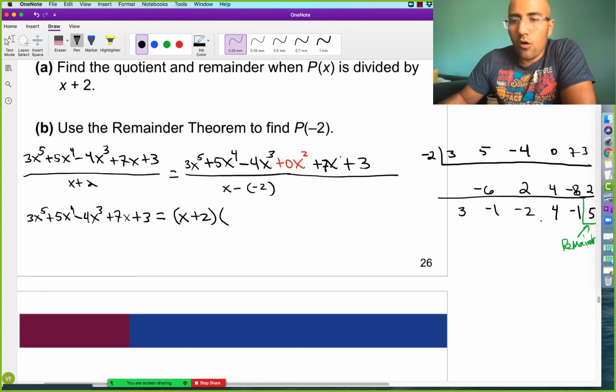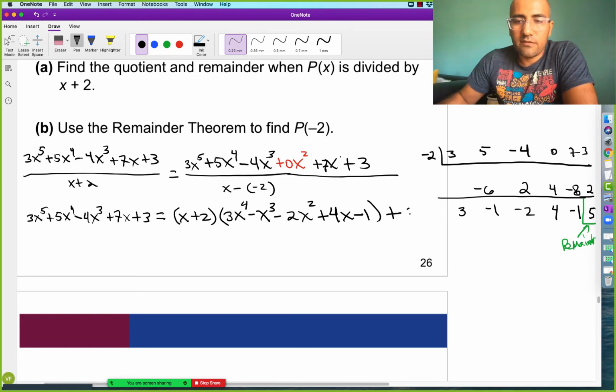Now these are going to be all the coefficients of the resulting quotient polynomial starting with degree 4, because this has degree 5. So it's going to be 3x to the 4th power, minus x to the 3rd power minus 2x to the 2nd power plus 4x minus 1, and then a remainder of plus 5.